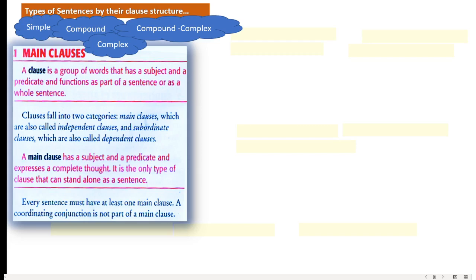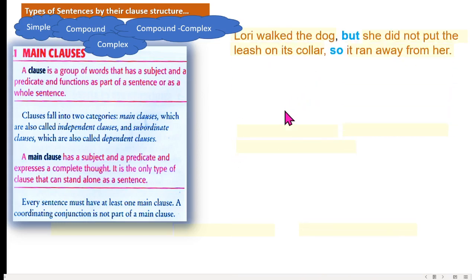But in this case, I would like to focus your attention on how you can write compound sentences, compound complex sentences, and complex sentences. If you have one sentence where you use coordination, Lori walked the dog, but she did not put the leash on its collar, so it ran away from her. You see that each one of the clauses here is an independent clause.